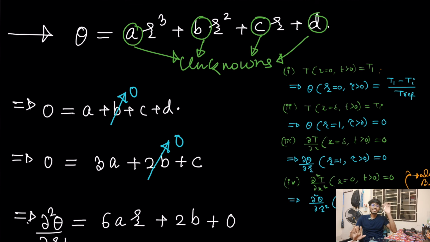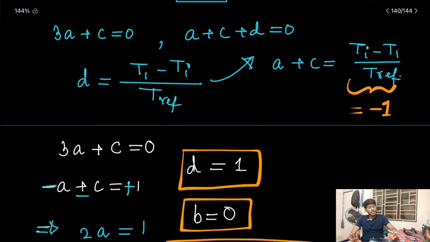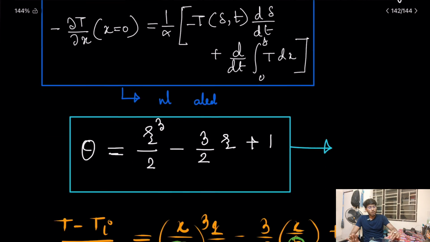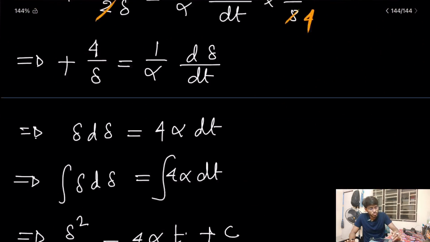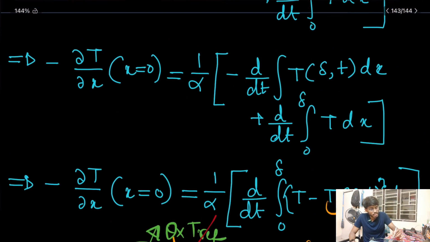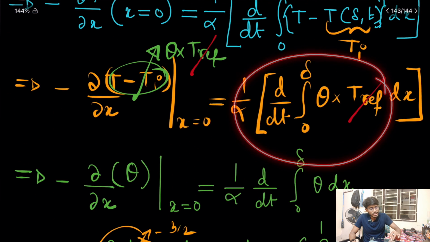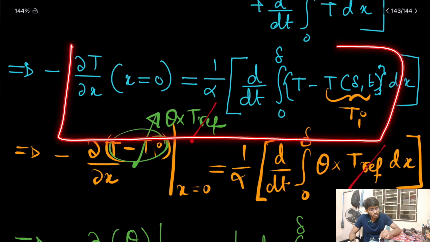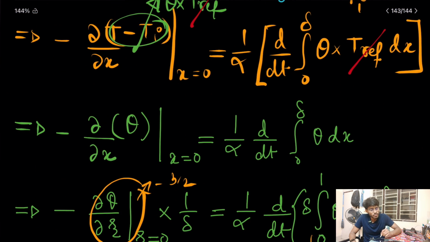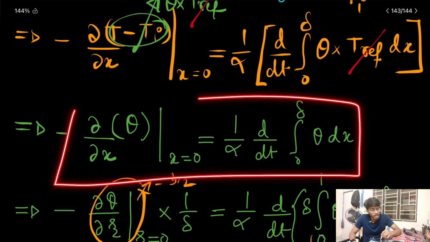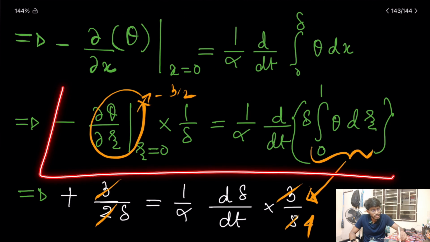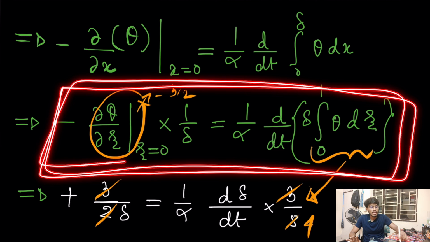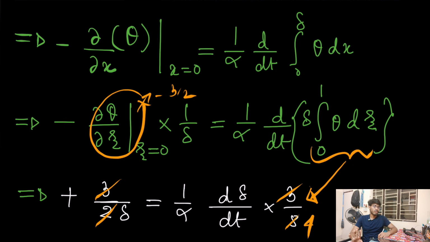So the first step is to integrate your governing equation and apply the Leibniz rule. After the Leibniz rule also, you have to apply this step here, and this is your final form in terms of the non-dimensionalized variable.